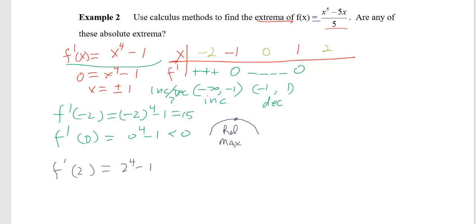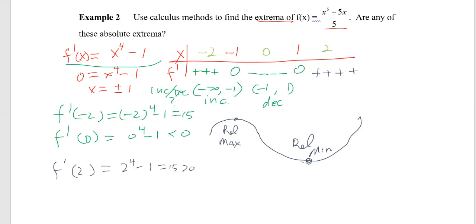That's a 15, and that is positive. Okay, so we're back to increasing over here. So it came in here somewhere, it did this. Okay, so we've got a relative minimum in here.